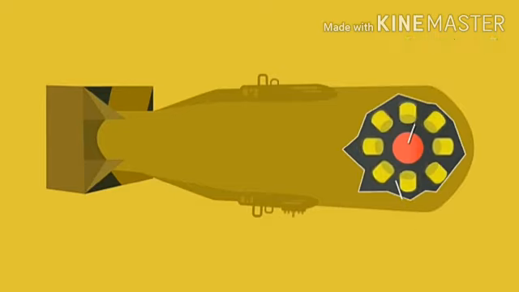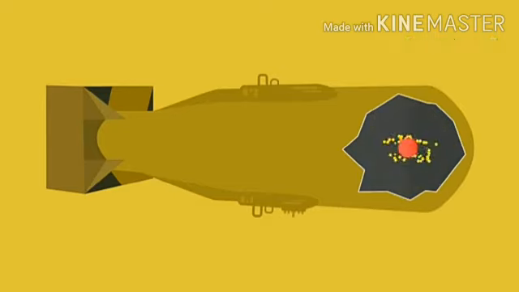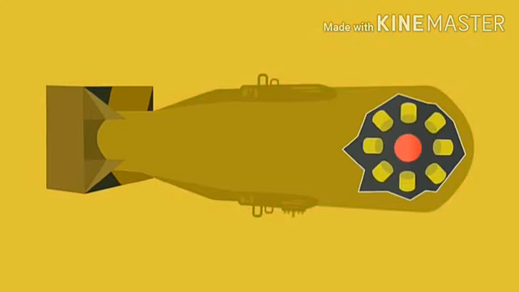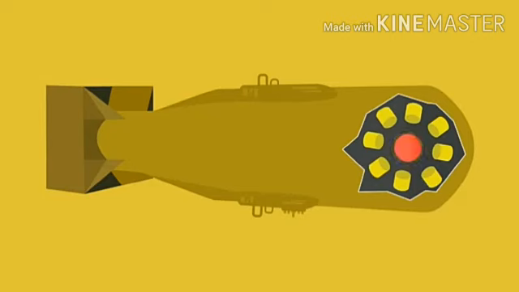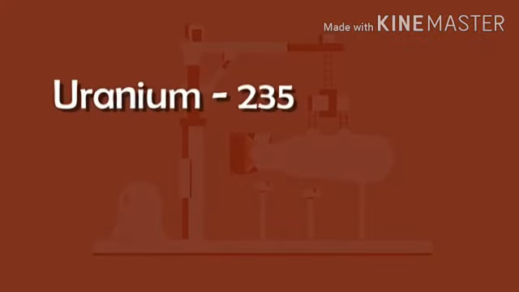During this explosion, a tremendous amount of heat, light energy and radiation is released. A very high temperature and pressure form in a fraction of a second. This type of bomb was exploded in 1945 at Hiroshima and Nagasaki in Japan during the Second World War.